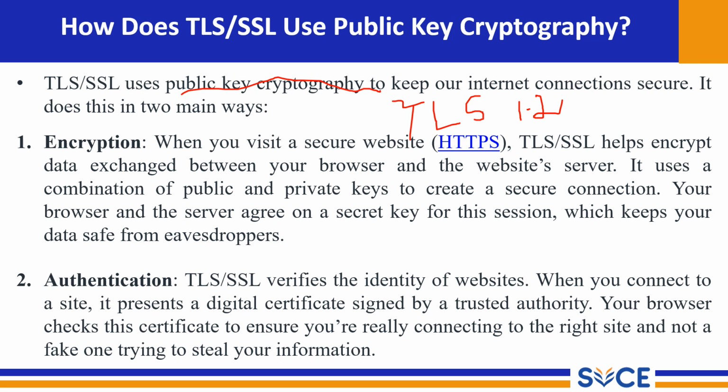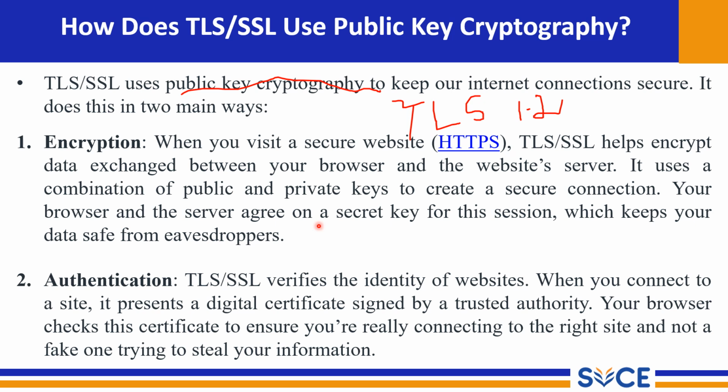And here, the client verifies the certificate using a trusted certificate authority. A pre-master secret is generated, encrypted with the server's public key and sent to the server. The server decrypts it using its private key. So this is how the session is established in TLS 1.2.